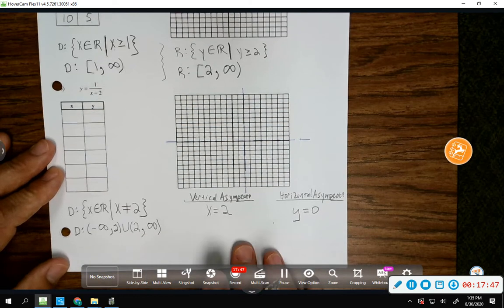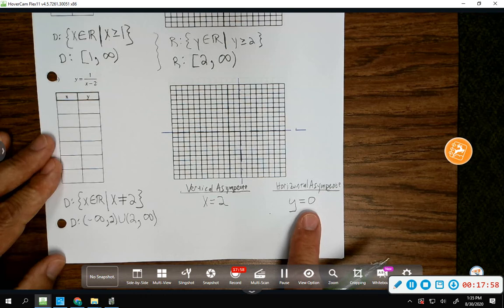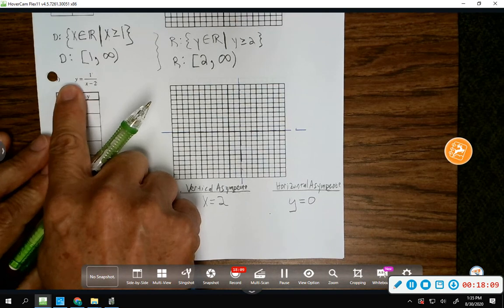Okay? We're going to do the same thing with the range, using the horizontal asymptote. Now, it is possible to have a point on a horizontal asymptote, but we will never equal 0 here. Y will never equal 0 in this particular problem. Now, for y to equal 0, it's called an x-intercept. And if I want to find the x-intercept of this function, I'd plug 0 in for y.